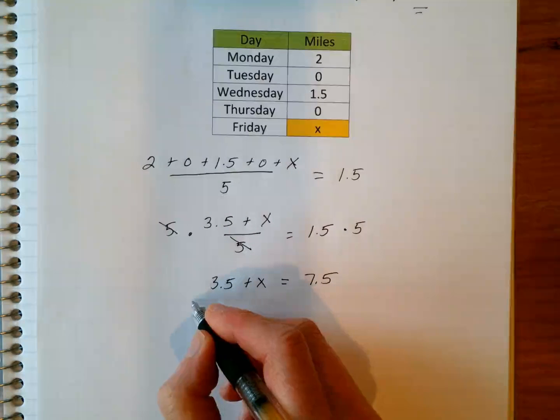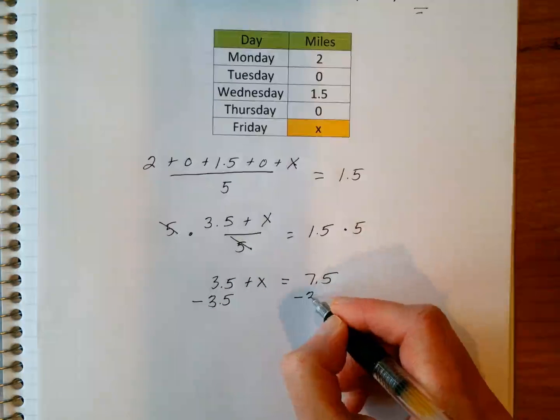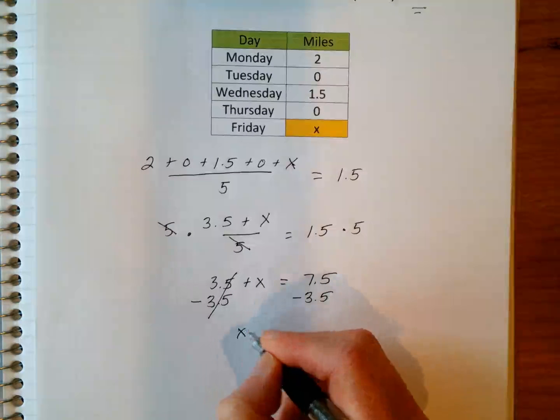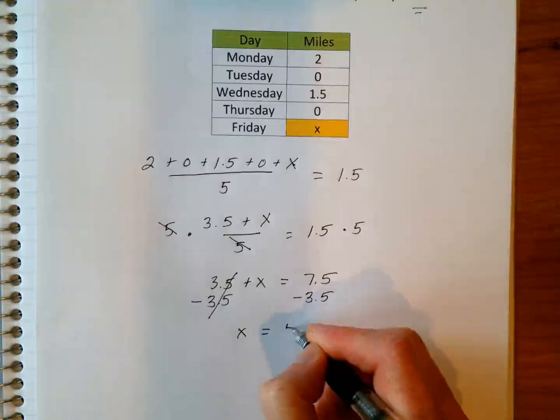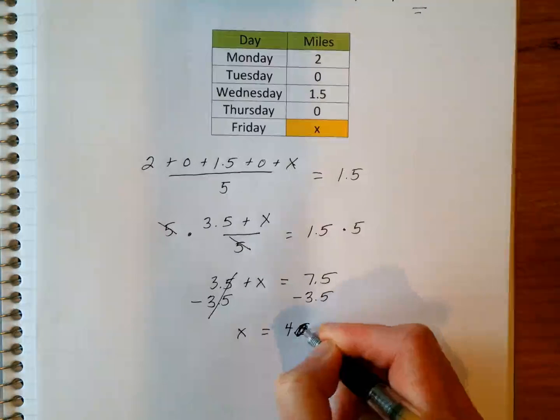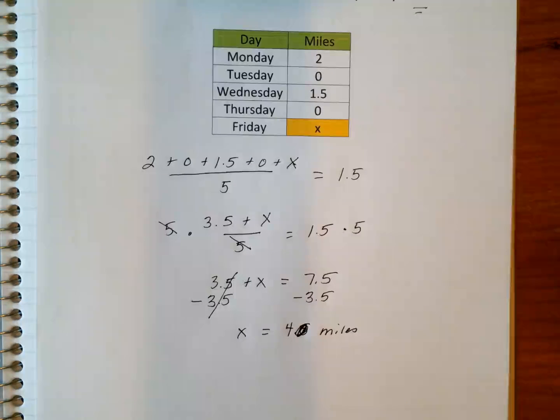And since this is a positive 3.5, I can undo that by using subtraction, and undo that over here by using subtraction. Get rid of that. x is equivalent to a positive 4 miles.